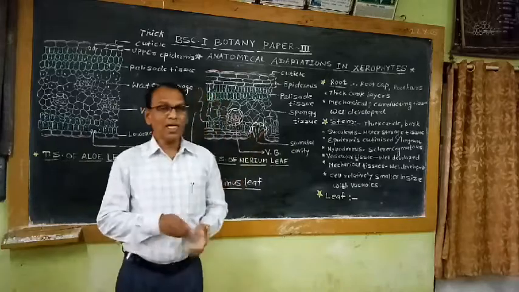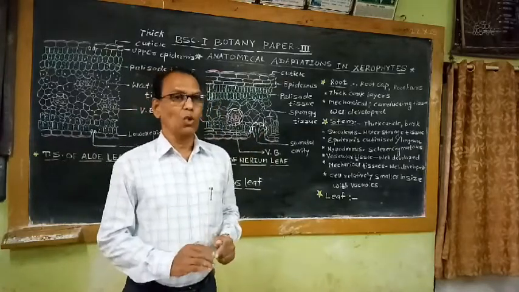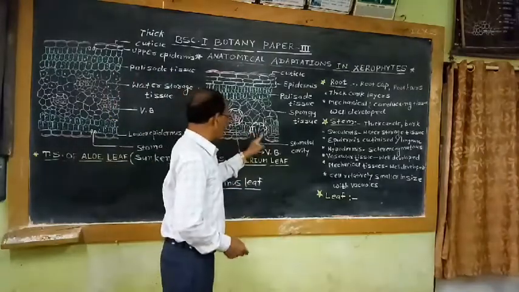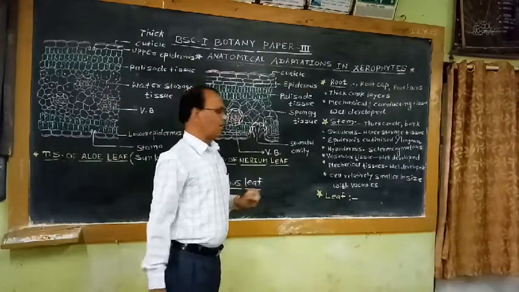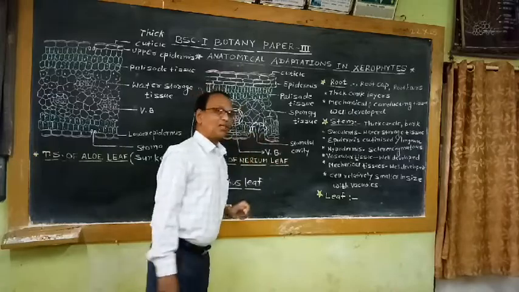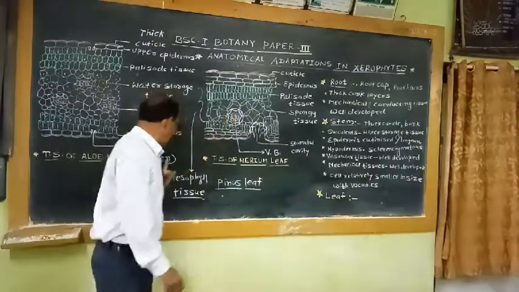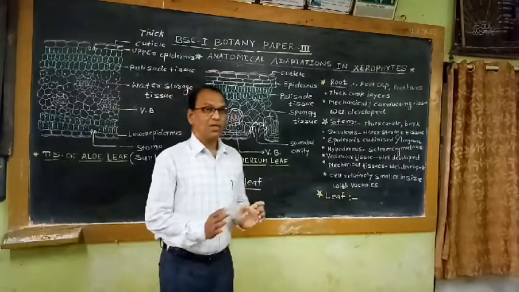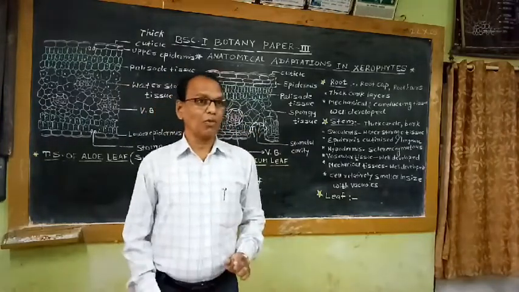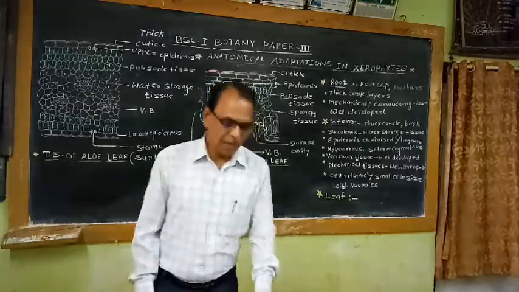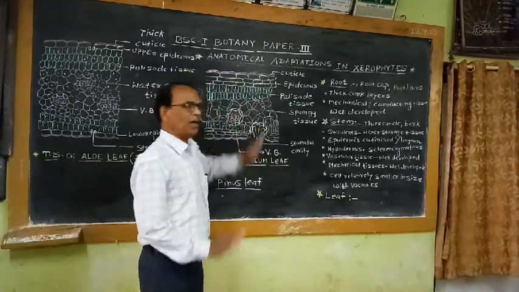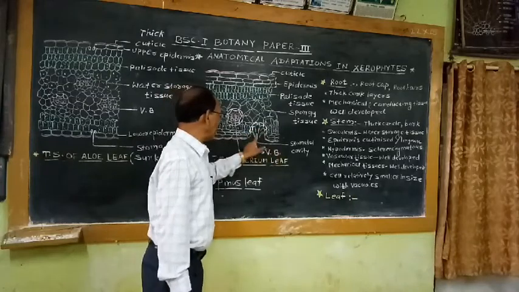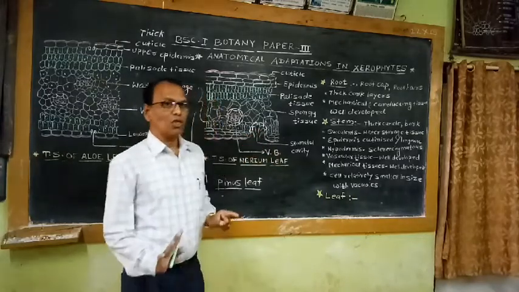In order to reduce the rate of transpiration, stomata are stored in depressions or cavities known as stomatal pits or stomatal cavities, and this sunken stomata is an important anatomical character of most xerophytic leaves. That means in the Nerium leaf, the upper epidermis lacks stomata, and only the lower epidermis possesses stomata, found in stomatal cavities. They are also known as sunken stomata.